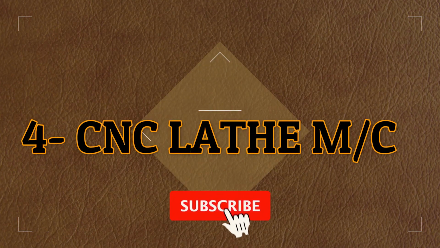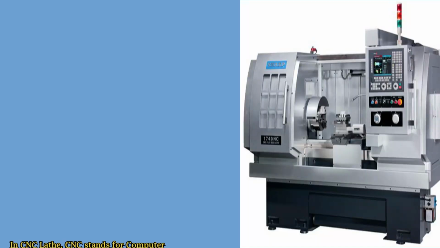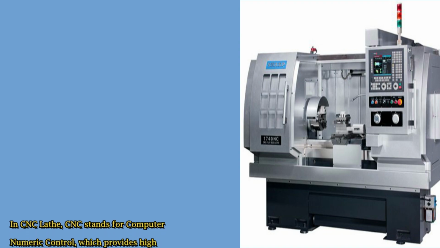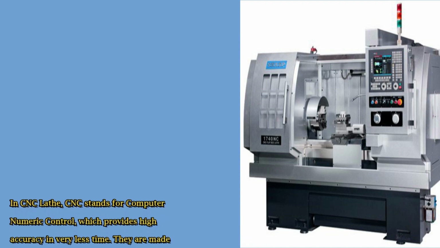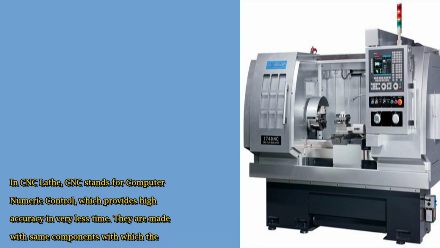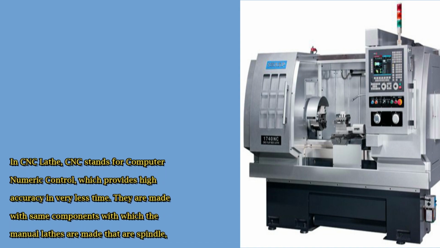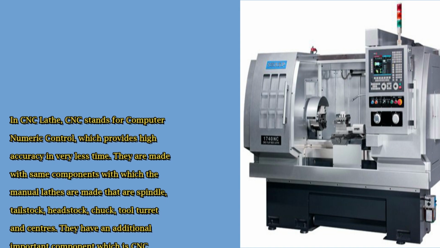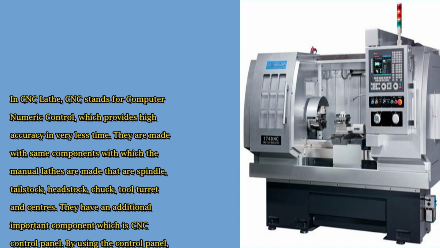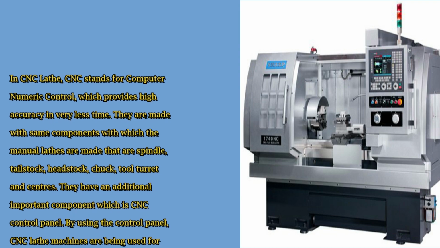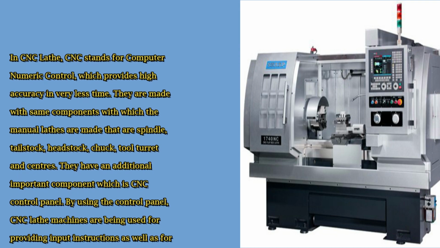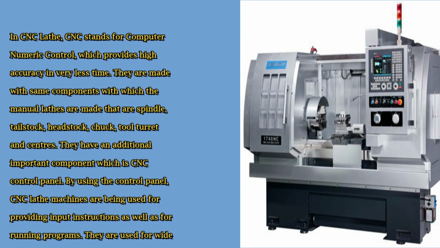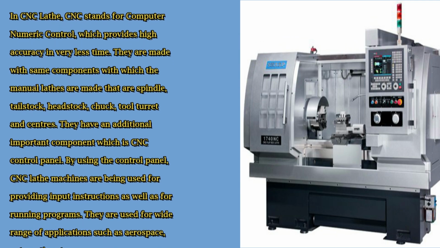4. CNC lathe machine. In CNC lathe, CNC stands for computer numeric control, which provides high accuracy in very less time. They are made with the same components with which the manual lathes are made, that are spindle, tailstock, headstock, chuck, tool turret and centers. They have an additional important component which is the CNC control panel.